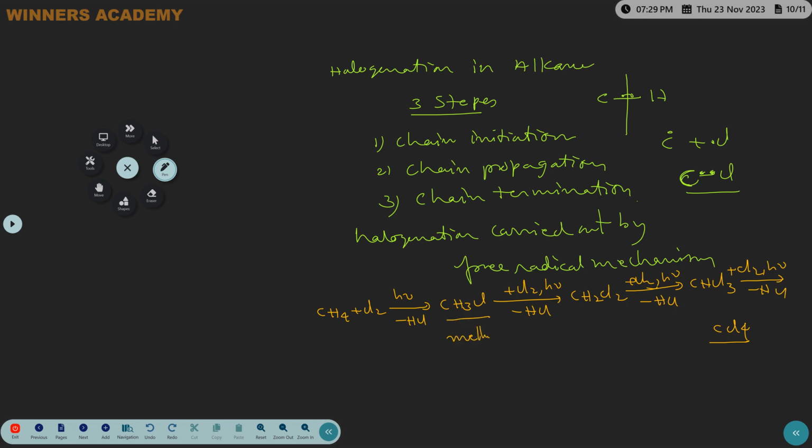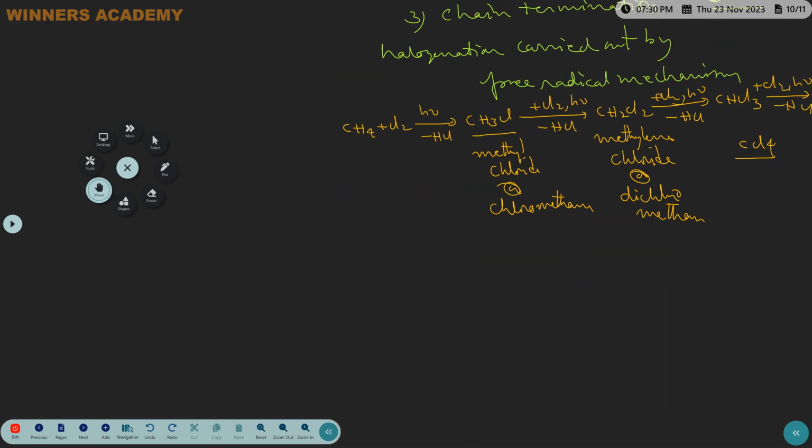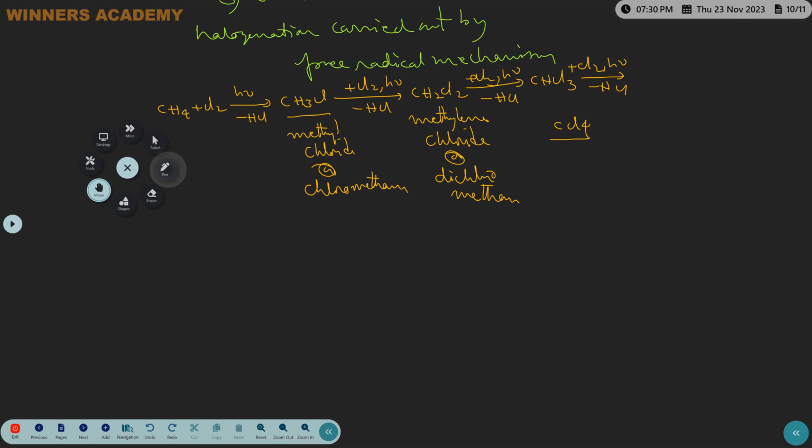Okay. What is this compound? Methyl chloride. In the first step, which is formed? Methyl chloride or chloromethane. And the second compound, methylene chloride, is also called dichloromethane. Dichloromethane is formed. And the third step, which is formed, what is its name?